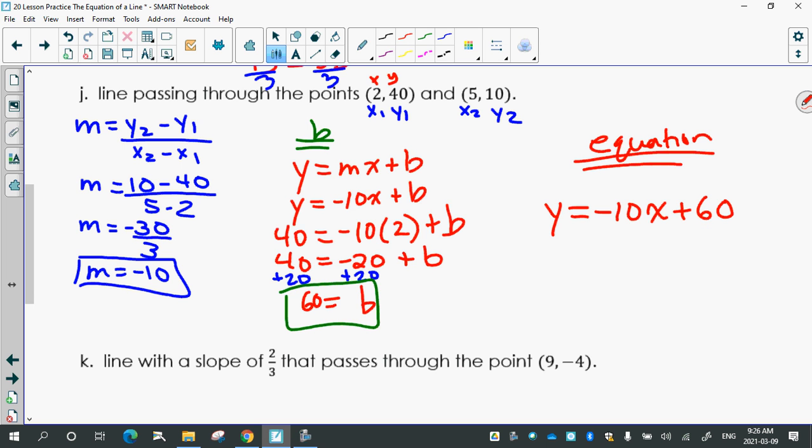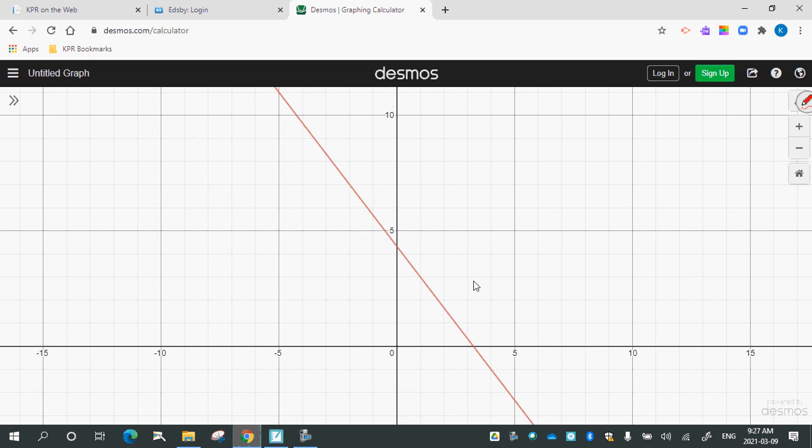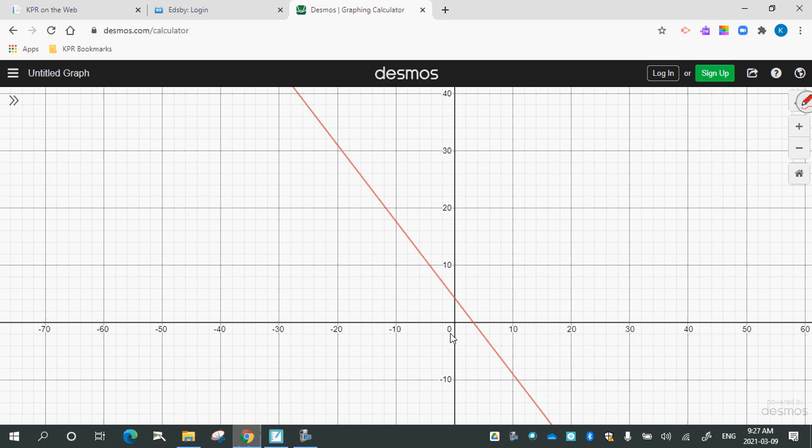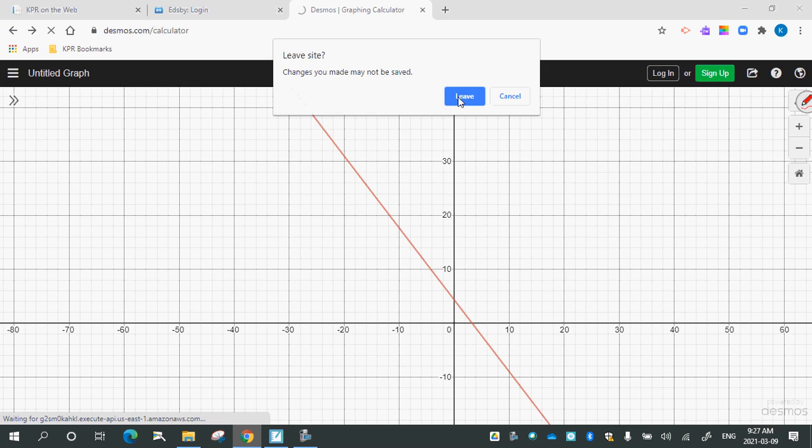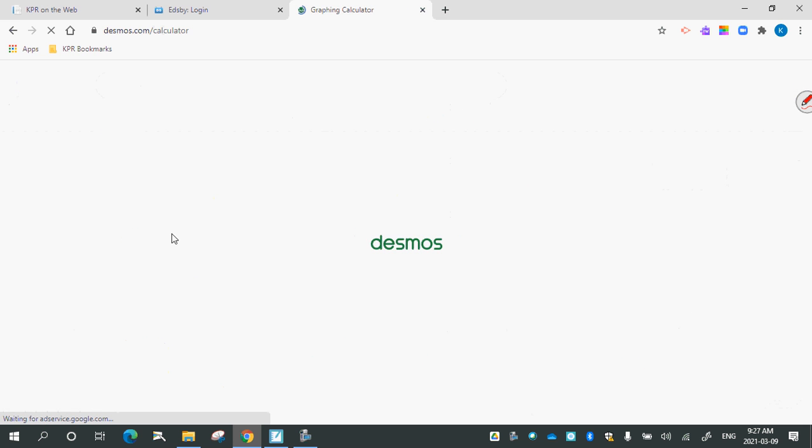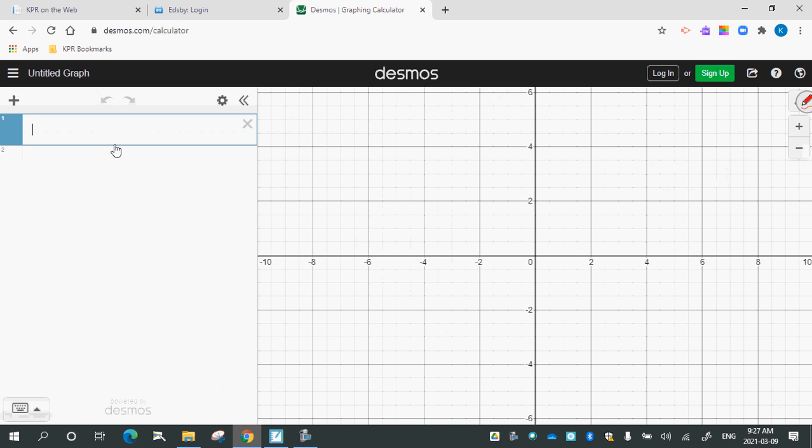Did anyone go and check that on Desmos to see if it passed through (2, 40) and (5, 10)? You want to check? Sure? Negative 10x plus 60. Okay. So y equals negative 10x plus 60.